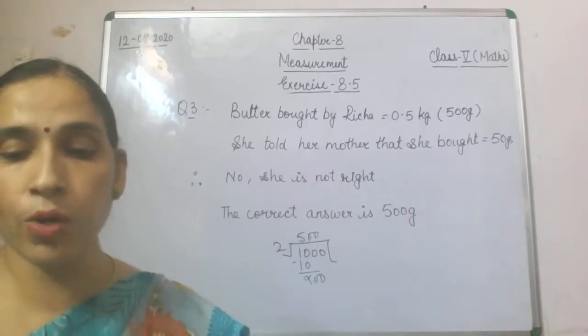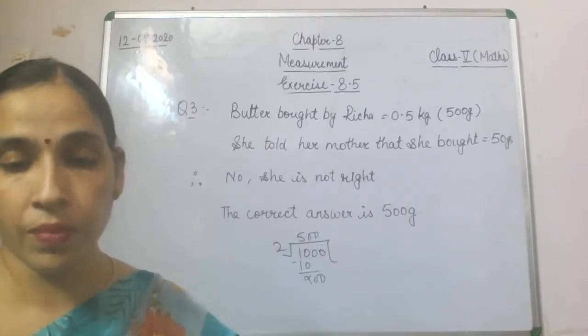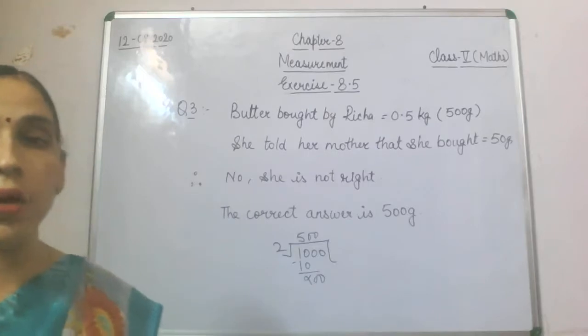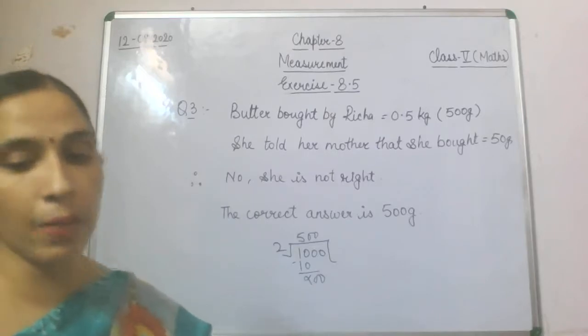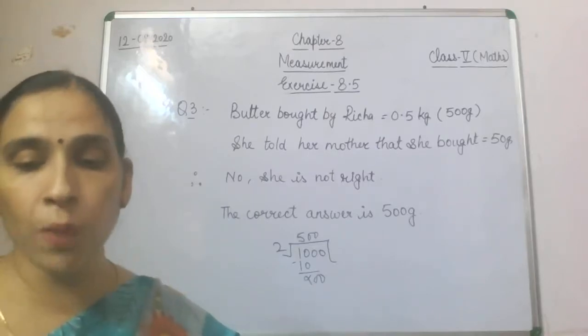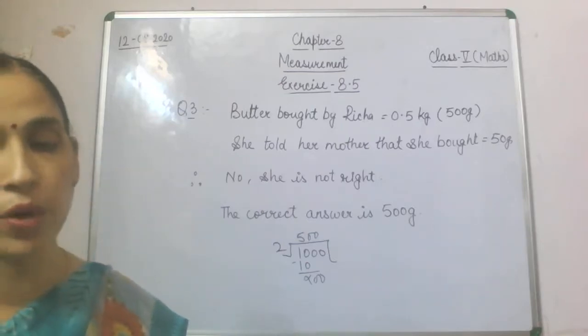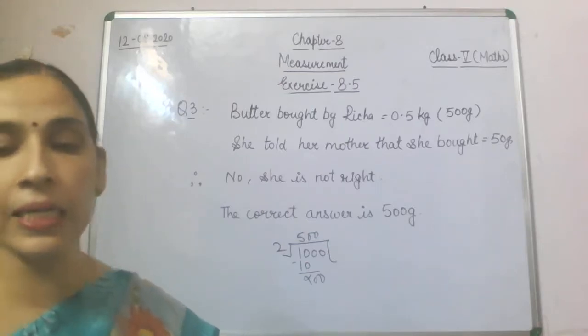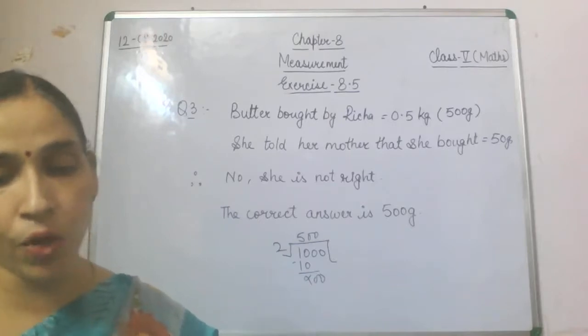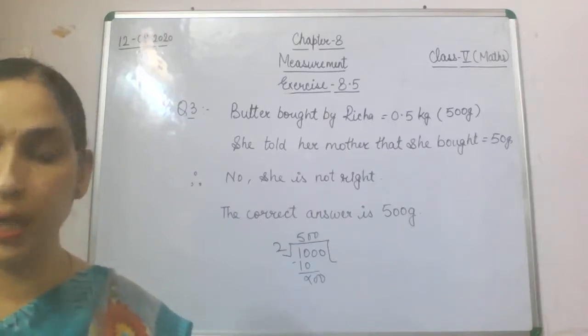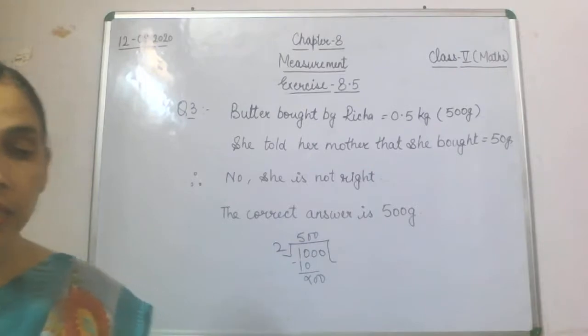Now we'll talk about question number 4. Atul ordered 1 kg 30 gram rice. Now the shopkeeper weighed 1.30 kg rice for him. Did he get the correct weight? If not, what should be the correct weight? Let's see this question 4.